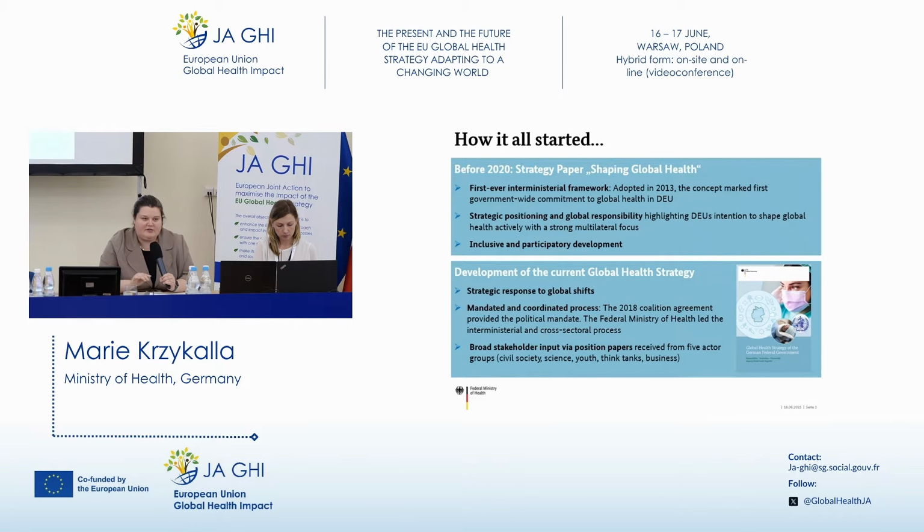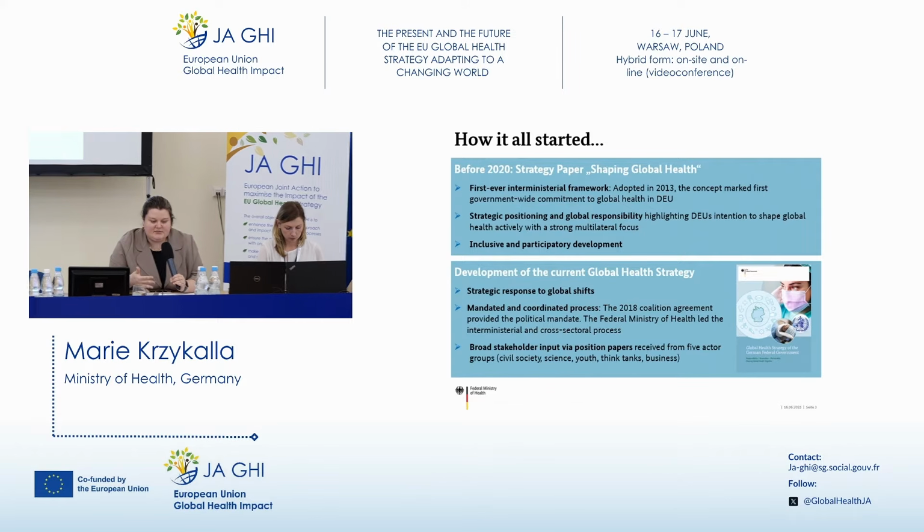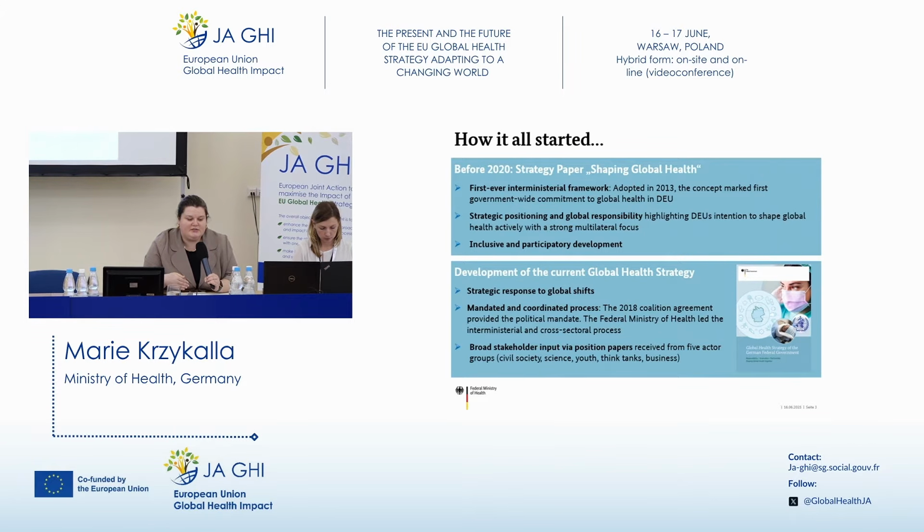It framed global health as a shared responsibility and positioned Germany as an active and also multilateral player. And one of the core innovations back then was a participatory process. So the concept paper was already developed with civil society and academic institutions together.